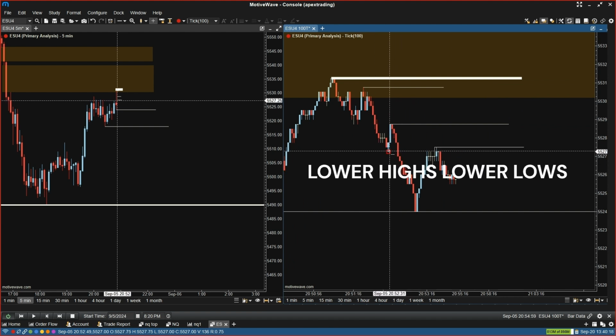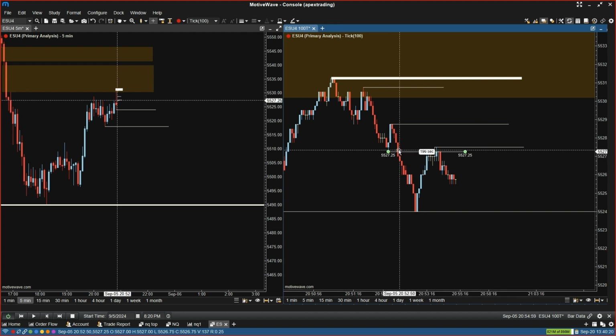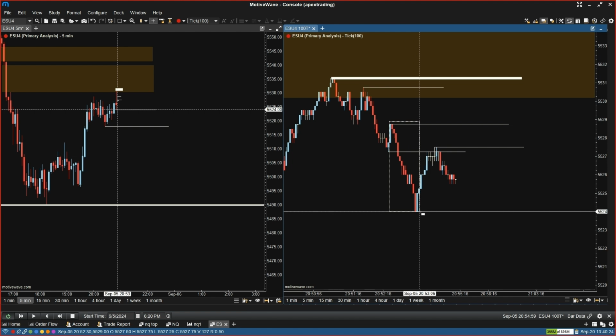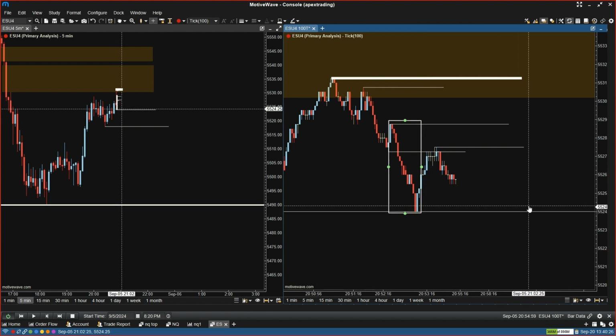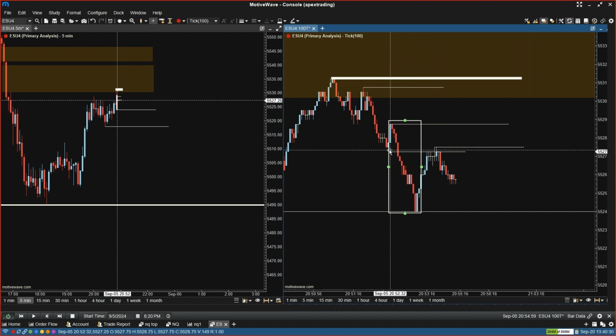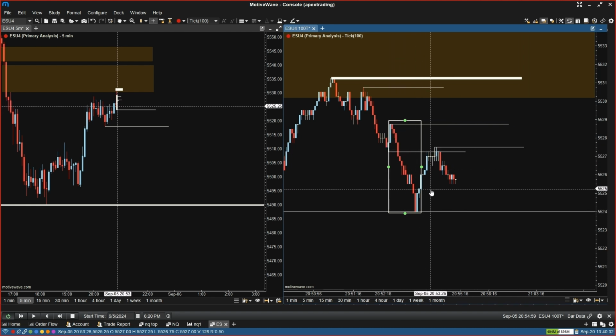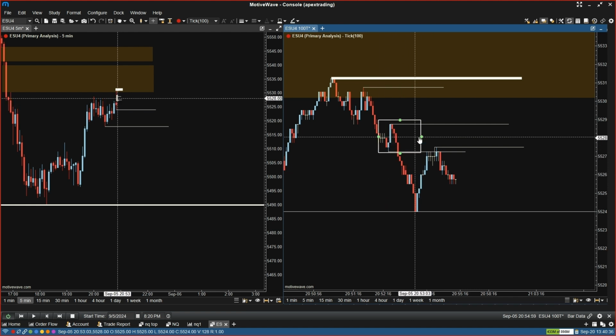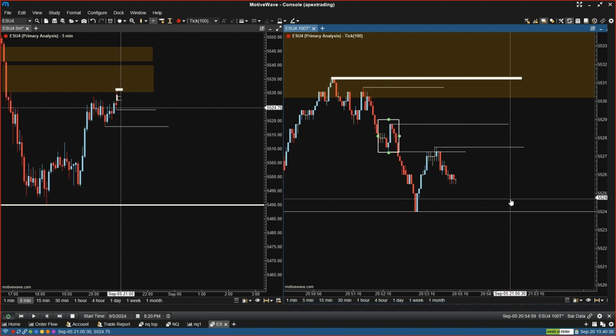On the microstructure here, it's sort of displacing with this move, and it retested that area. You can see it's also considered as a micro time frame order block.